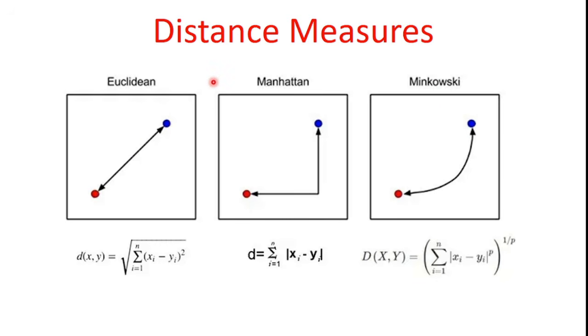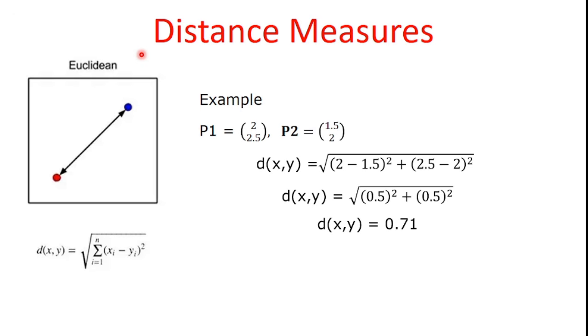In this you have a number of distance measuring methods: Euclidean, Manhattan and Minkowski. In this example we are going with the Euclidean distance method. For example, if there are two data points, consider the first data point P1 as 2, 2.5 and the second data point P2 as 1.5, 2.